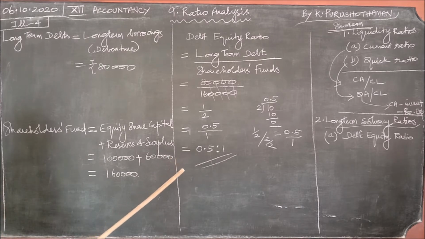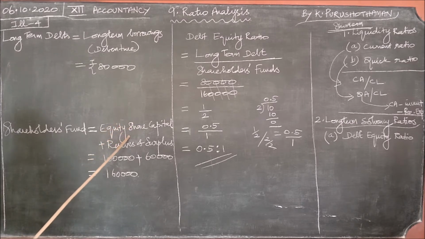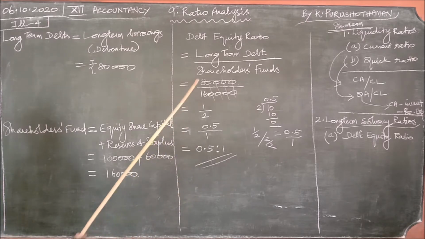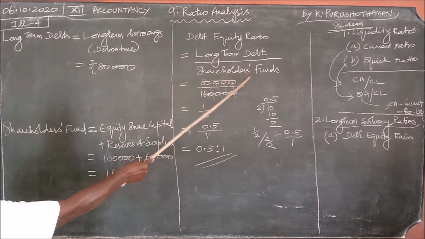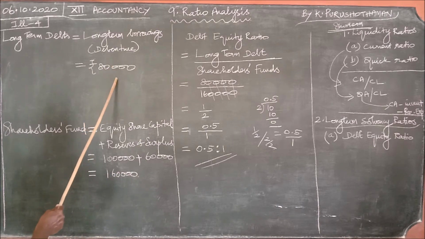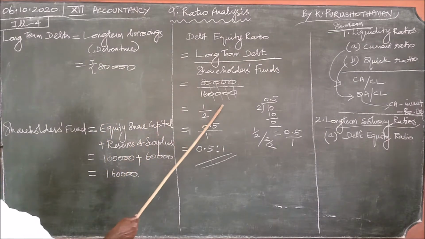These are the 2 types of shares. In this problem, only equity share is given, therefore equity share capital. In addition to that, reserves and surplus will be included in these funds. So equity share 1 lakh, reserve and surplus 60,000, total 1,60,000. The numerator answer 80,000, denominator answer 1,60,000.